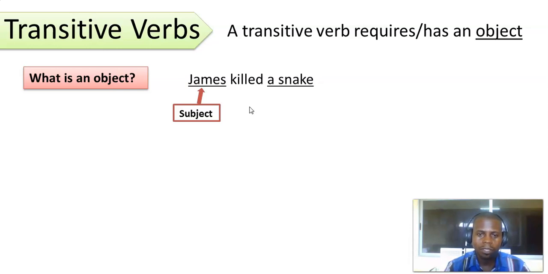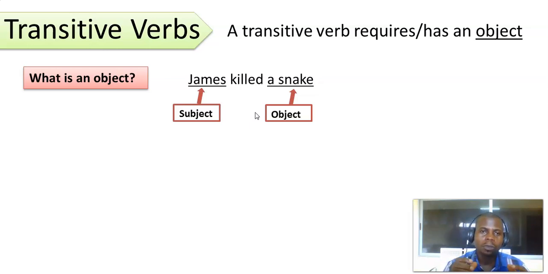James killed a snake. In this sentence, we have James as the subject of the sentence who performs the action, and we have a snake as an object which receives the action.